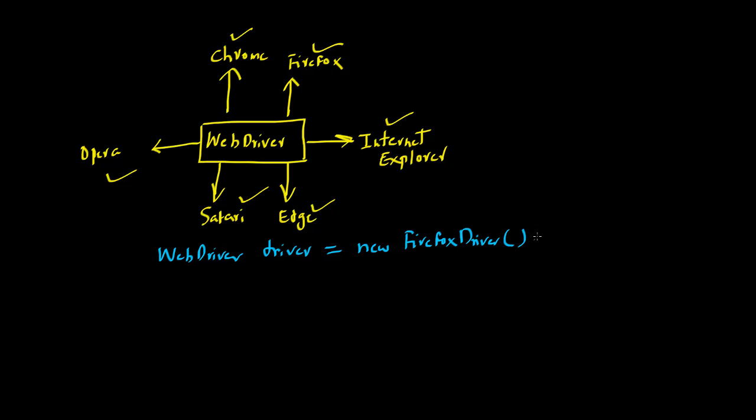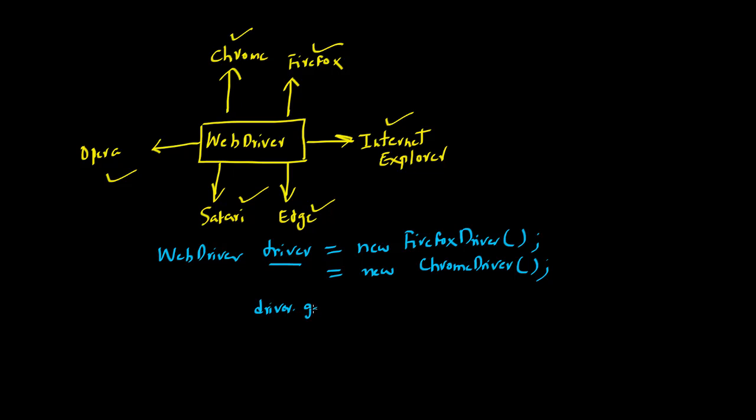So the browser that you want to interact with is Firefox. This is how you will instantiate the driver. And again, if it is going to be a Chrome browser, then you will be using ChromeDriver. So that means we have created a driver object which is of type Chrome.